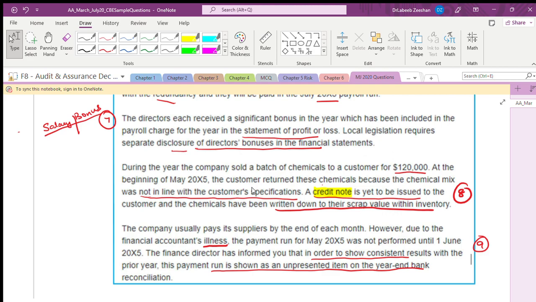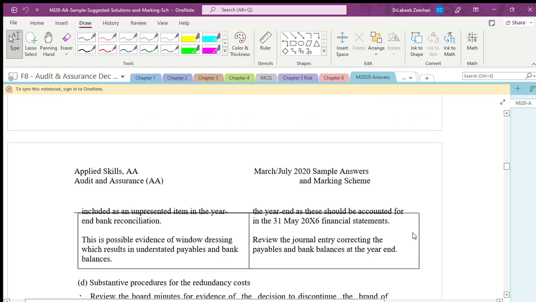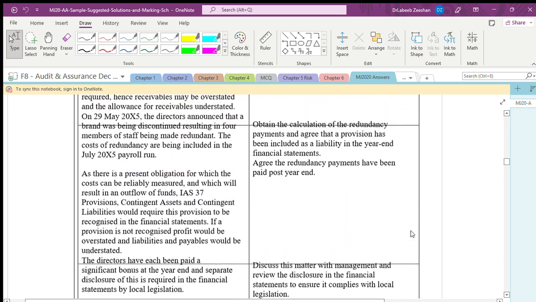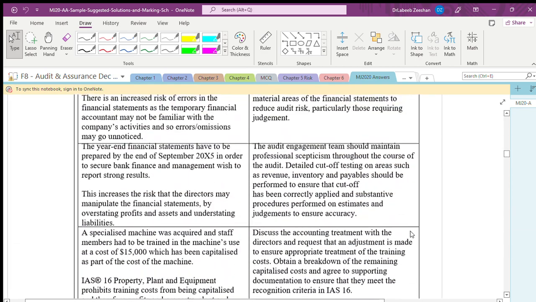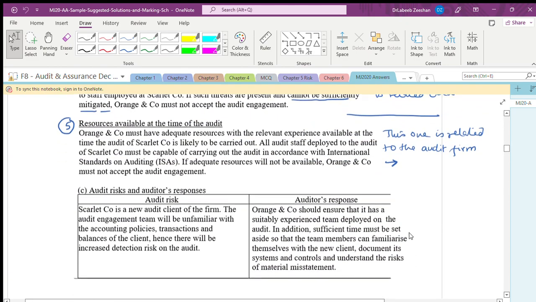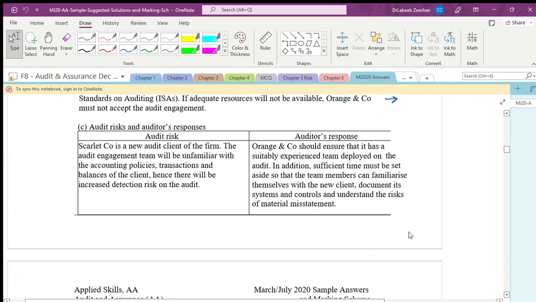The auditor should identify the risk and what is the response the auditor will initiate from their side.